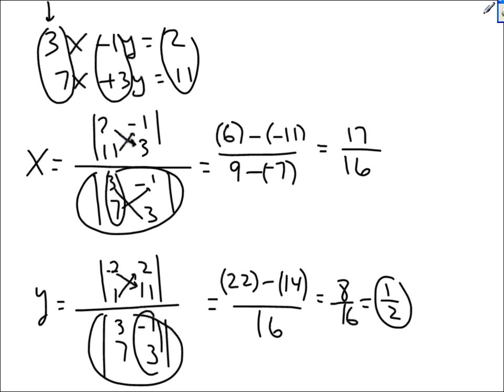The problem is that this doesn't seem to be working. 51 minus 8 is 43. That's right. 6 minus 11. 6 minus negative 11.